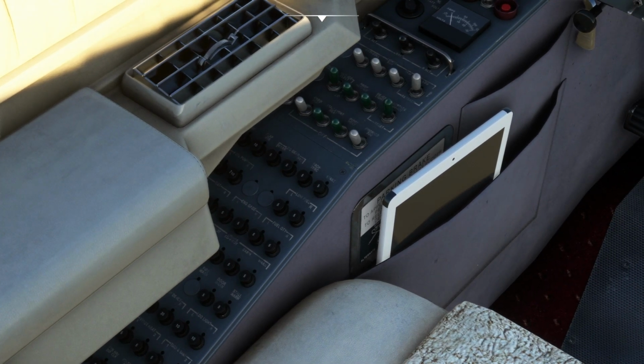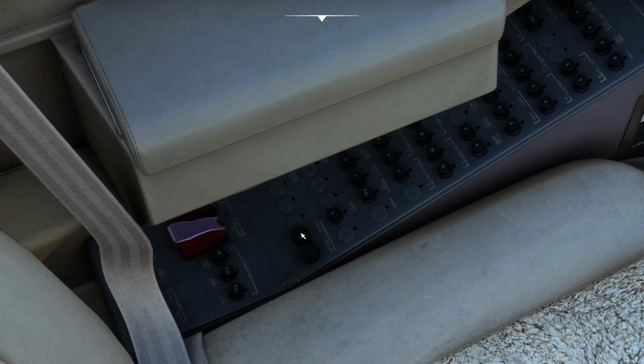By the way, all, maybe not these ones, these are just spare, spare alternator. Yeah, it's a generator, basically an electric generator.